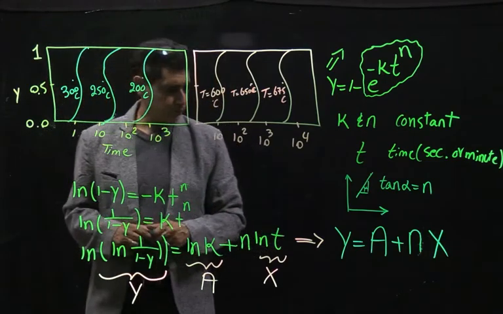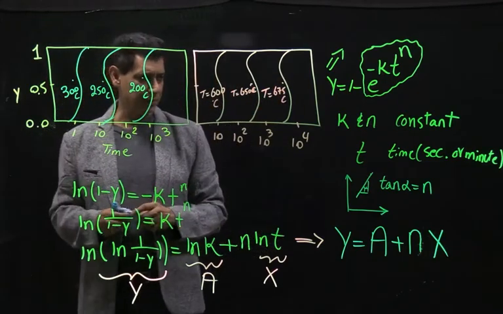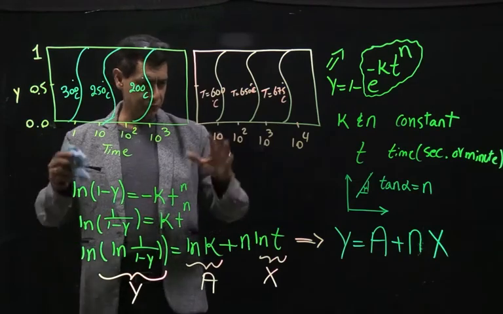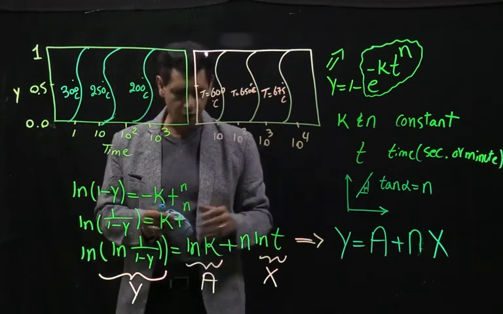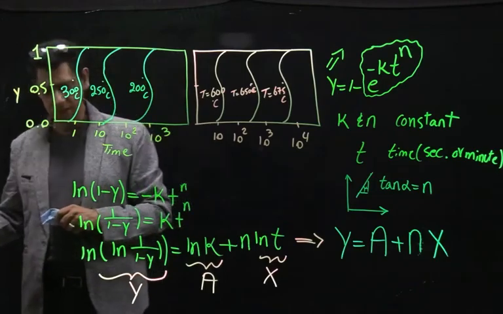So I want to give a few examples, and then we generalize the effect of n and k.